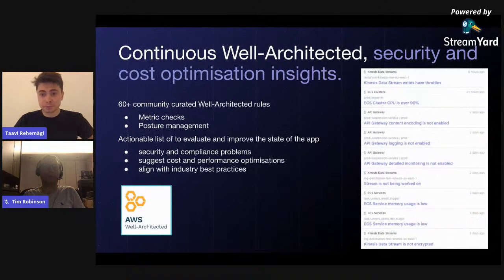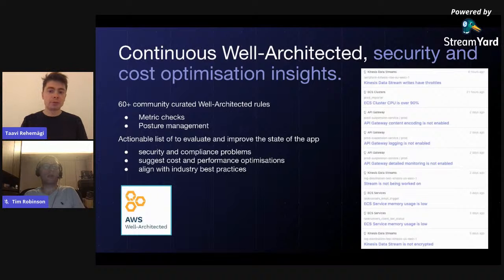And the last part is that currently we're featuring over 60 community curated, well-architected checks. And the checks can be of a variety of different types. We can check at metrics. For example, are you at risk of running into a memory outage?